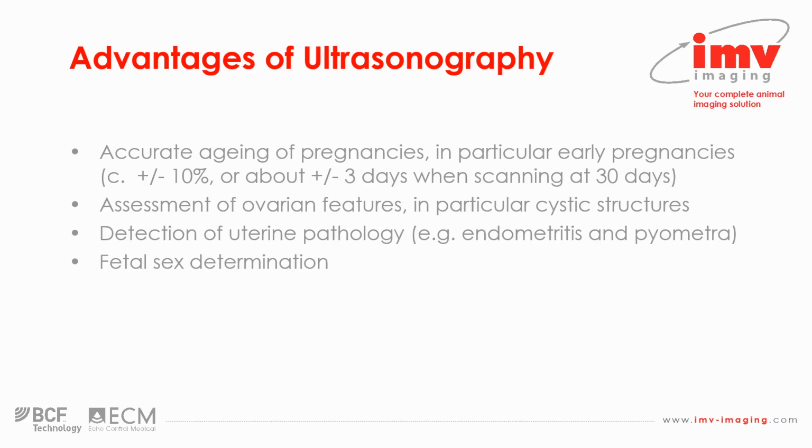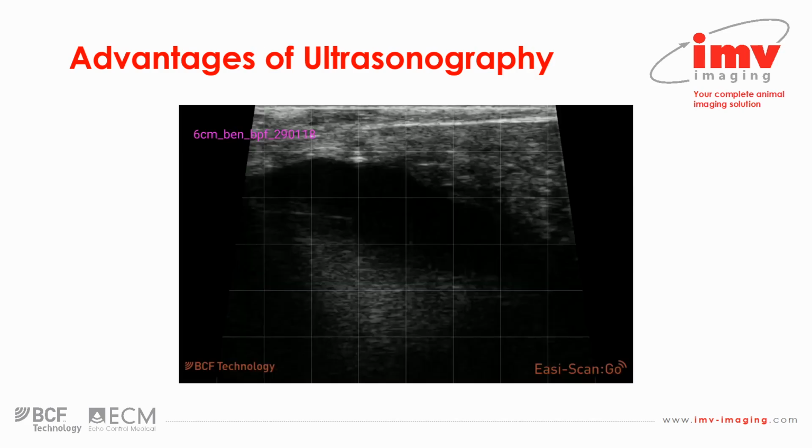We might also want to detect uterine pathology, and ultrasonography is very good at that, in particular endometritis and pyometra. And then we also have the luxury with ultrasound of being able to determine fetal gender. It's a more advanced technique and takes practice, but once you're experienced, the sensitivity and specificity is extremely high.